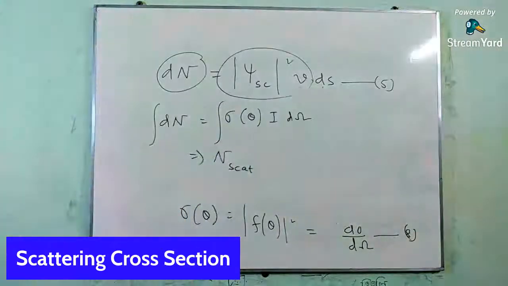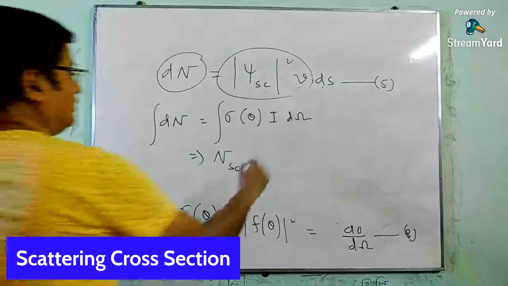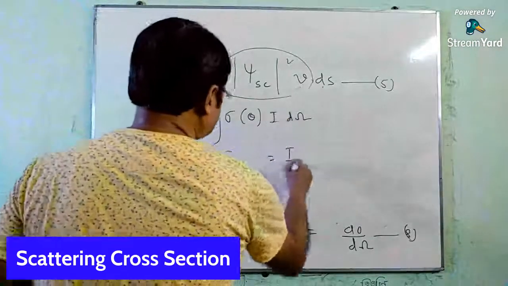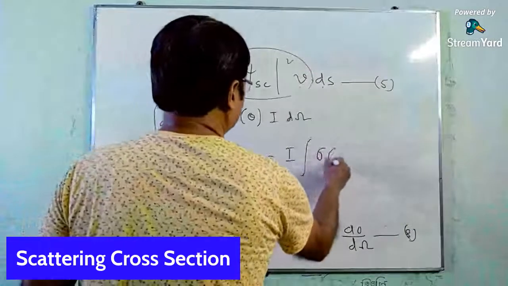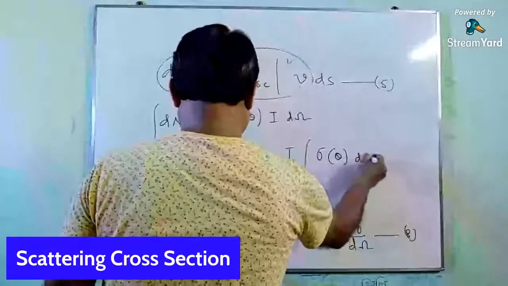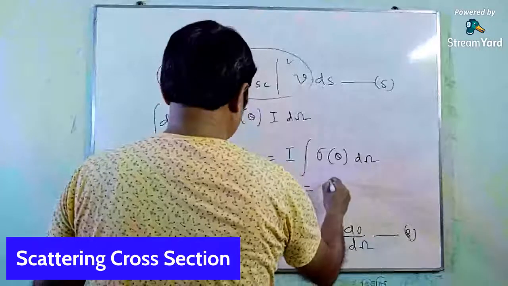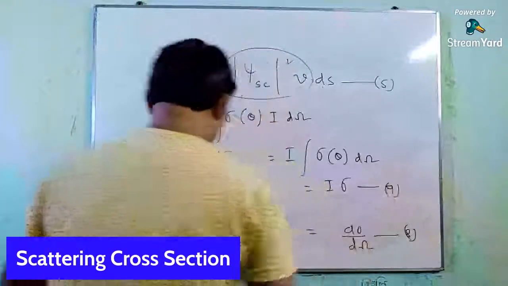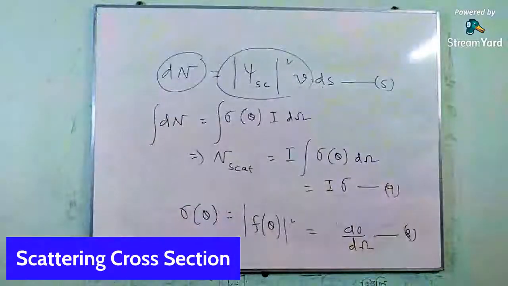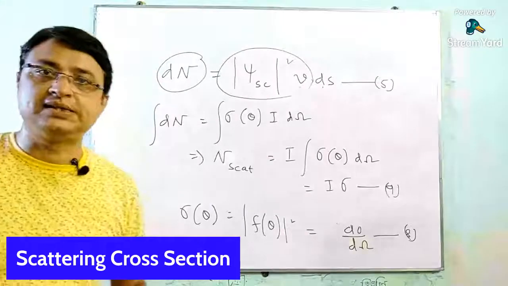As I is the intensity, it remains outside the integral, and it can be written as I sigma, let it be equation 9, where sigma is called the total scattering cross section.